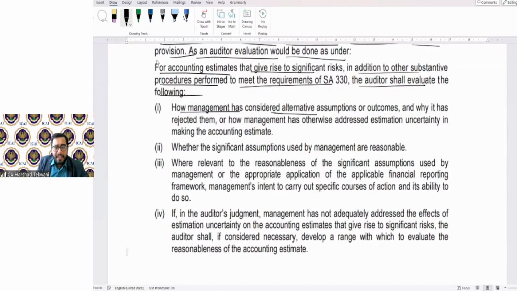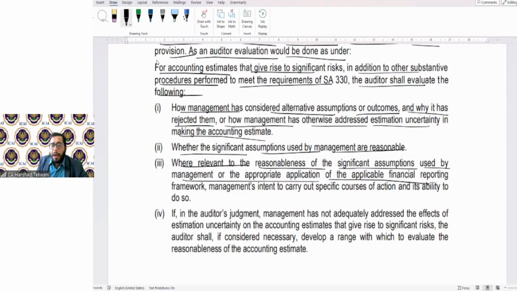How management has considered alternate assumptions or outcomes, why it has rejected them, how management has otherwise addressed the estimation uncertainty in making the accounting estimate, whether the significant assumptions used by management are reasonable, the relevant reasonableness of the significant assumptions used by management or appropriate application of the applicable financial reporting framework, and management's intent to carry out the specific course of action and its ability to do so.